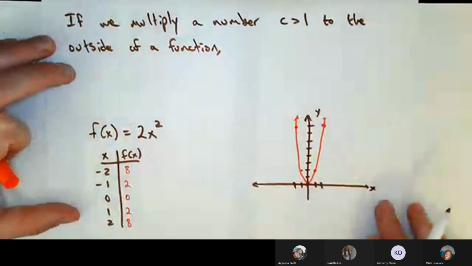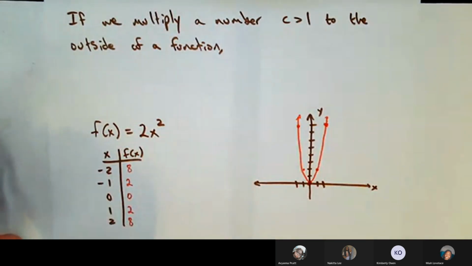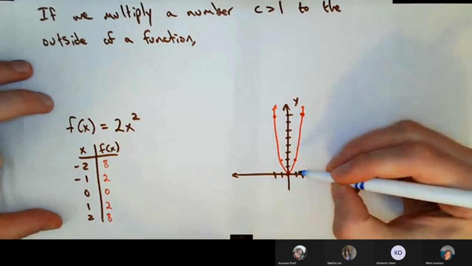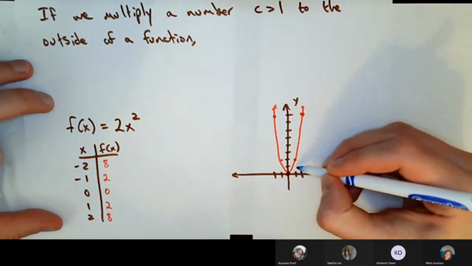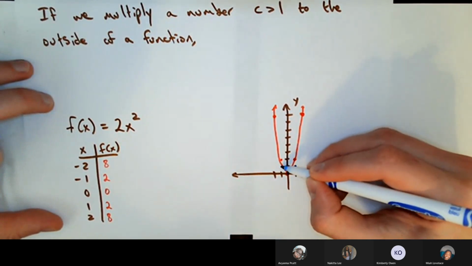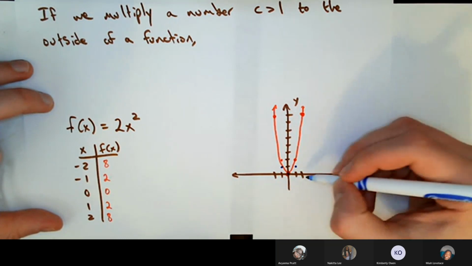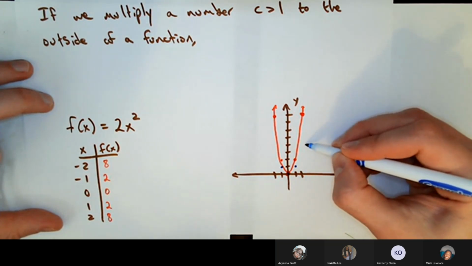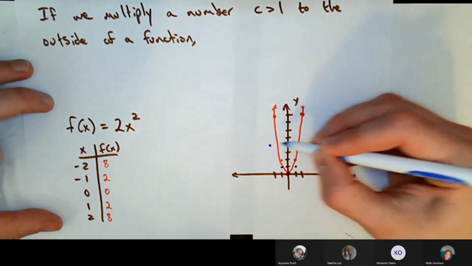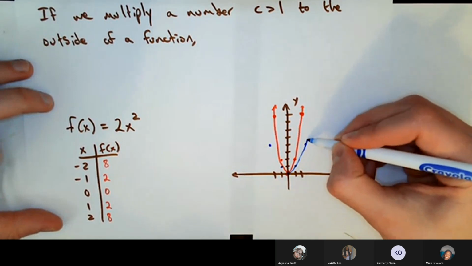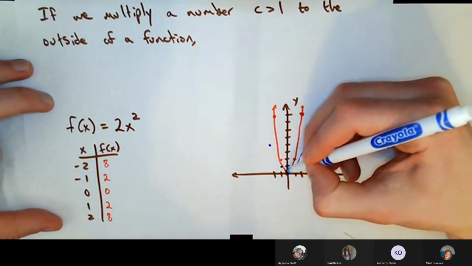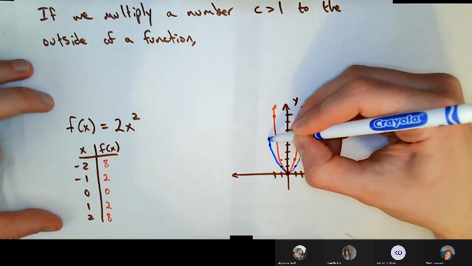Now, to really see what's happening, to compare this to a normal parabola would be going through the points 0, 0, just like this one. It would go through the points 1, 1, and negative 1, 1, like over here. And then at 2, it would only be up at 4. So I'm just going to quickly draw a regular old parabola here.